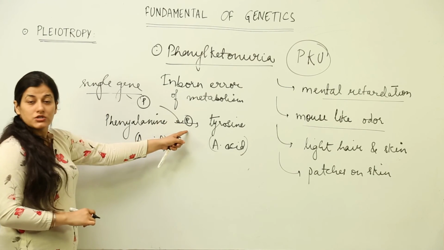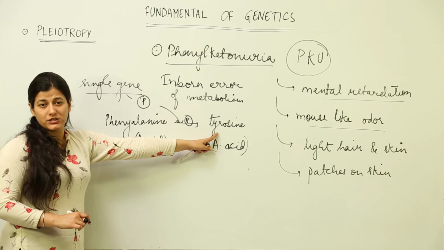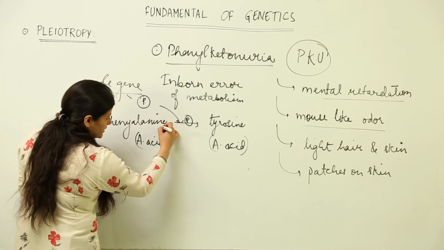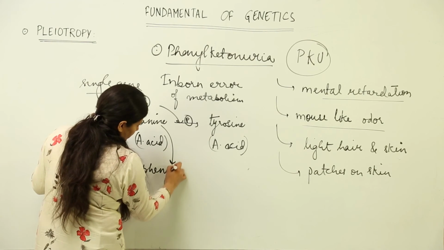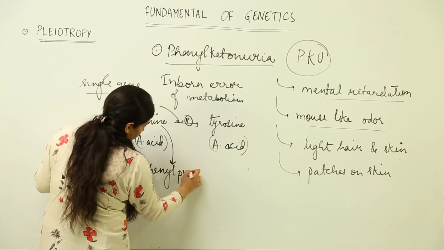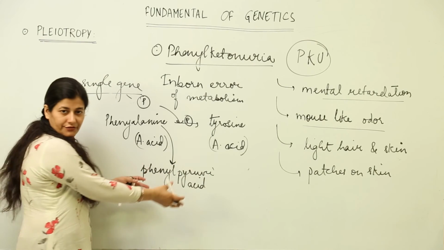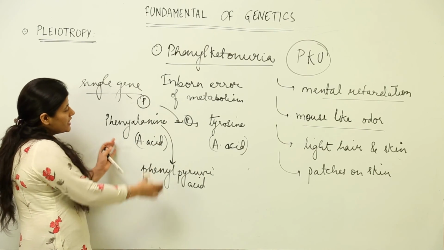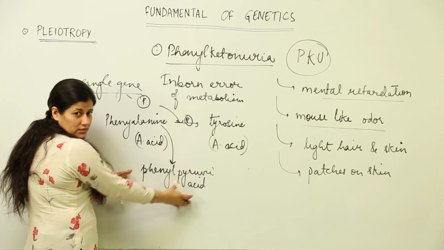Now when the protein is not being formed, the phenylalanine does not get converted to tyrosine. When it does not get converted to tyrosine, it instead forms phenylpyruvic acid and its other derivatives, and other phenyl derivatives.